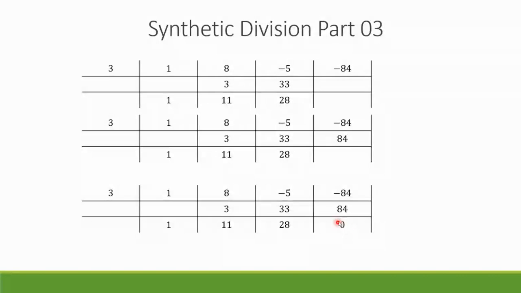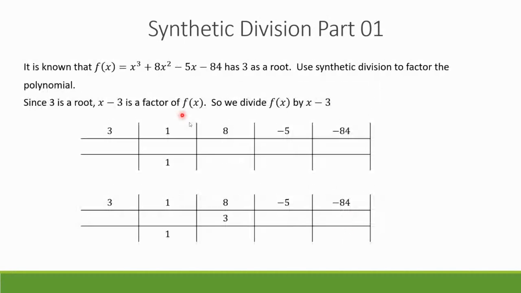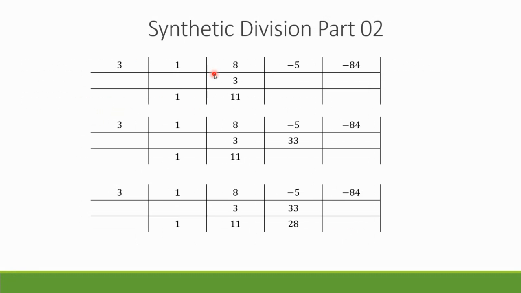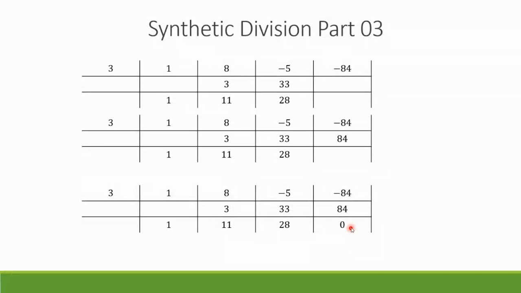We should expect the last number here to be 0. We know x minus 3 is a factor of the dividend, which in this case is this polynomial. To say it's a factor means if you divide, you get a remainder of 0. And that's what happened here. Now, these numbers are the coefficients of the quotient.